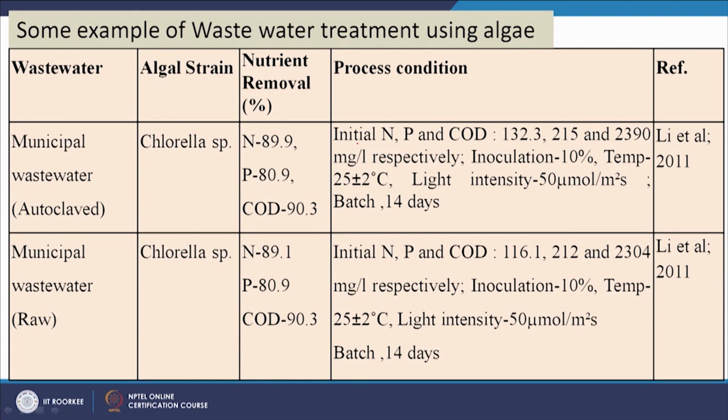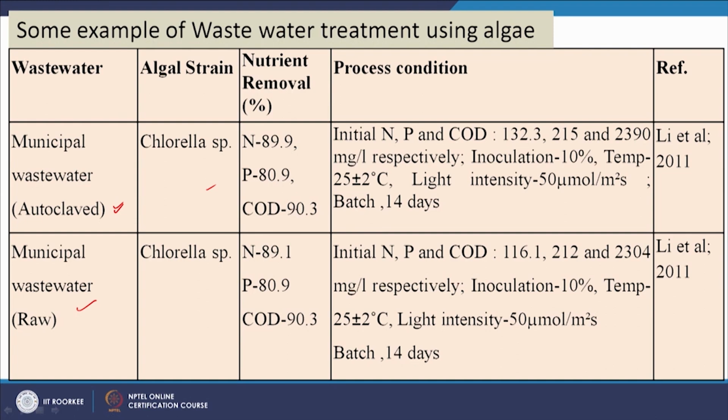And now we will see some examples of wastewater treatment using algae. Municipal wastewater has been used and Chlorella species has been used, with municipal wastewater raw and some autoclaved. People have tried to find out whether there is an effect of the other microorganisms present in it. Autoclaved means no other microorganisms, and raw means many other microorganisms are present.